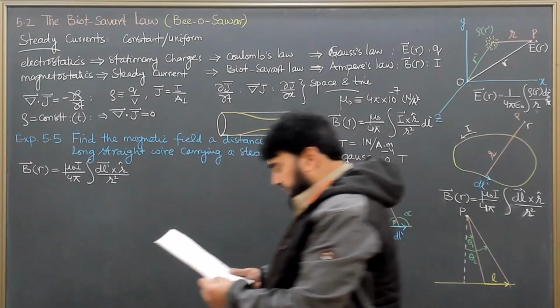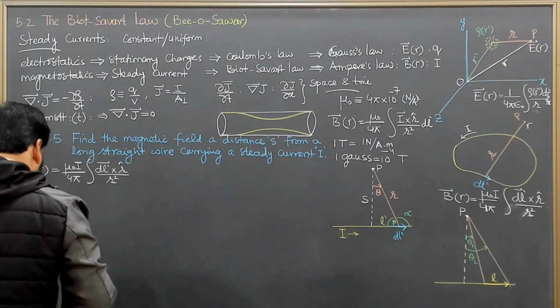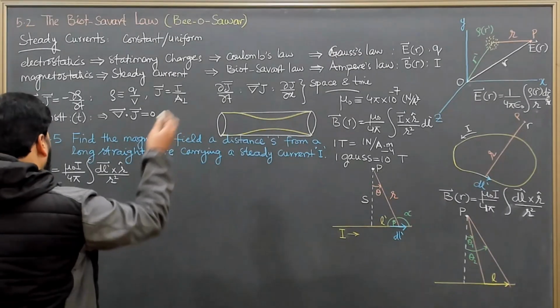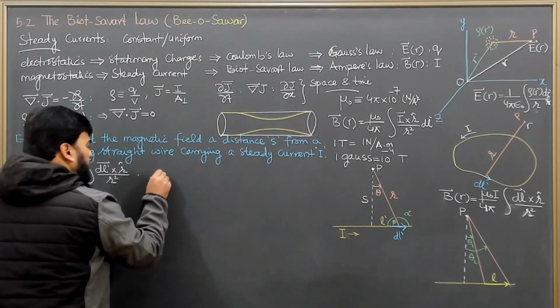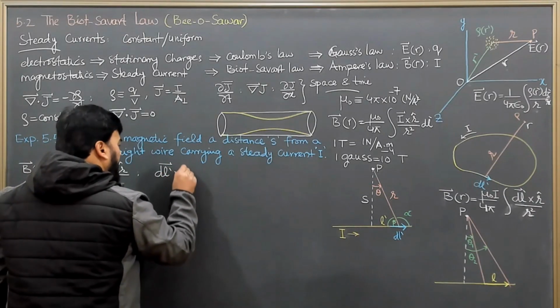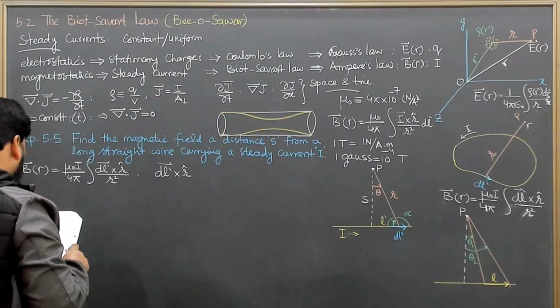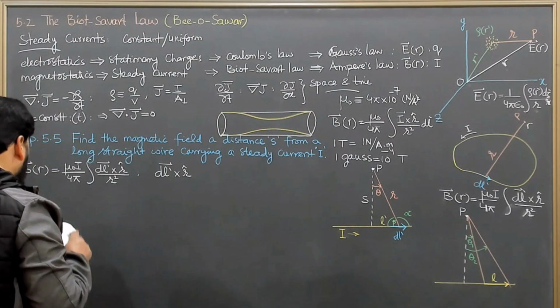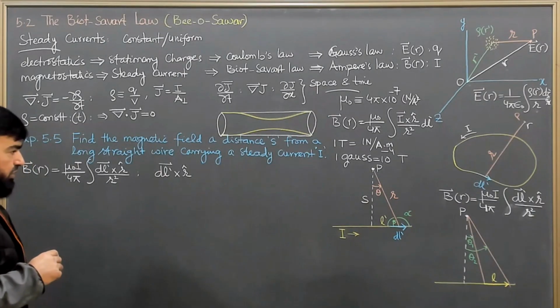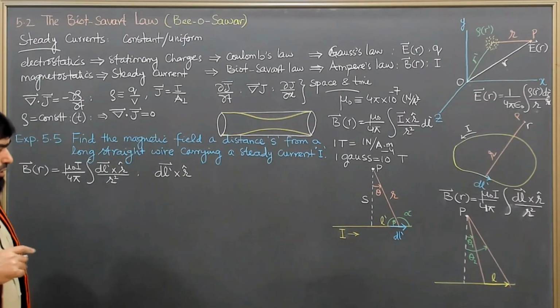The very first thing we are going to find out is dl cross r. So our first job is to find dl cross r, and then we will write the rest of the things in this equation, like we will go for 1 over r squared.